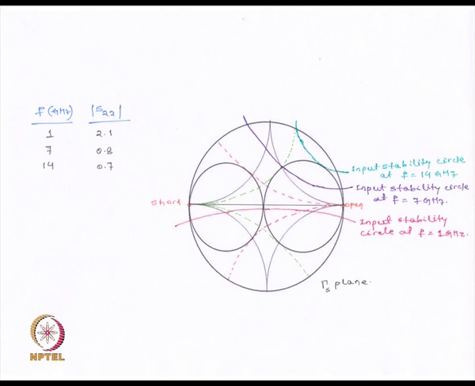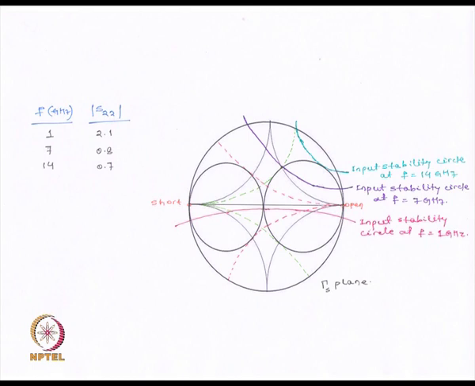However, for f equal to 1 gigahertz, S22 modulus is greater than 1. In other words, what it means is that all points outside this stability circle are potentially unstable. Hence, it is not that just by seeing whether a point is outside this circle or inside this circle, we can determine whether it will be stable or potentially unstable.